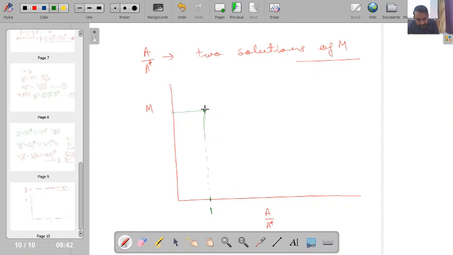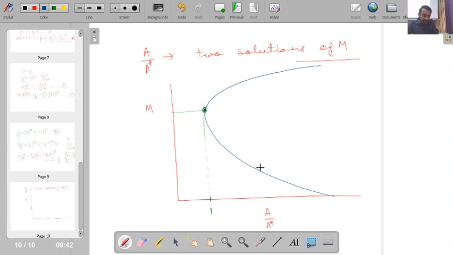And one solution for increased value of A by A star. So A by A star less than 1 is not possible, as per the starting point of the equation. So when my A by A star is greater than 1, then I will be having two solutions. One solution will go like this, and another solution will go like this.